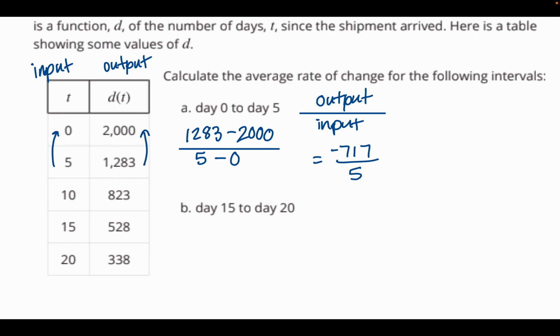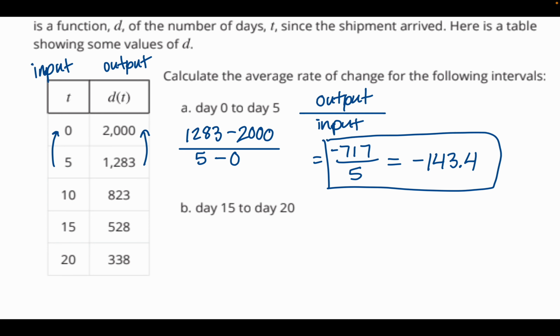It looks like the fraction won't reduce, which is kind of obvious because this is not a multiple of 5, and the only things divisible by 5 end in a 5 or a 0. But we can also write this as a decimal, so I'm going to express it as a decimal too, and say they're both my average rate of change. That would be negative 143.4. So both of these are acceptable answers for part A.